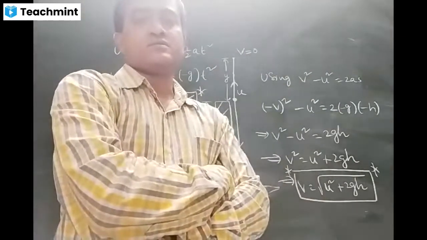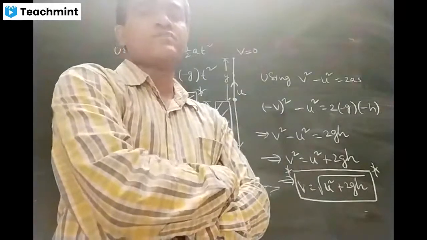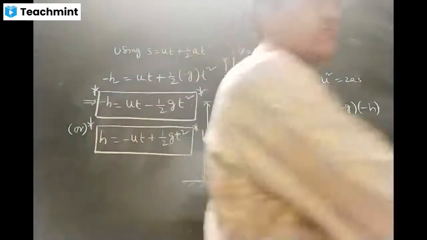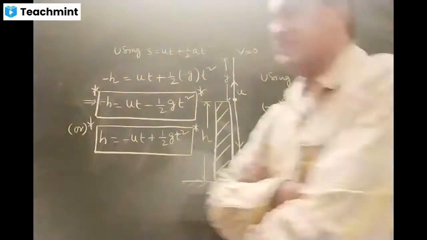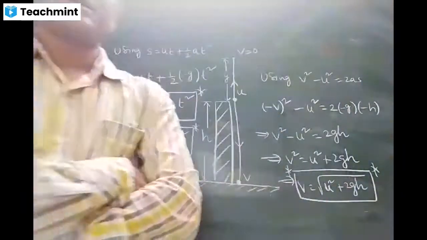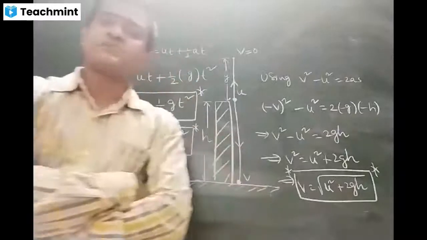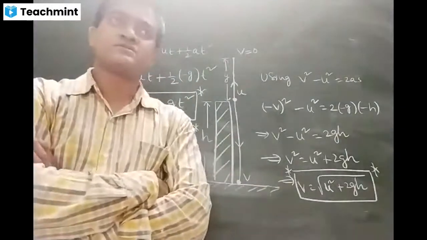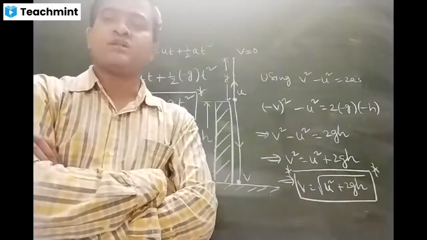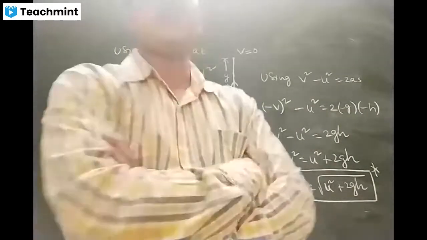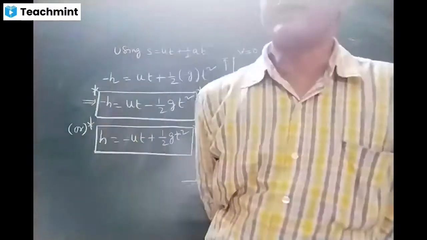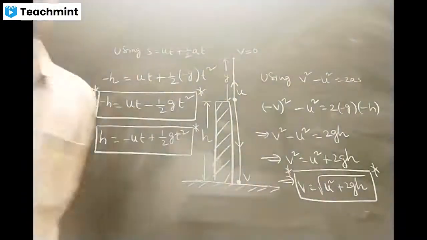Find the height of the tower, and write down within brackets, take small g, the acceleration due to gravity, is equal to 10 meter per second square.